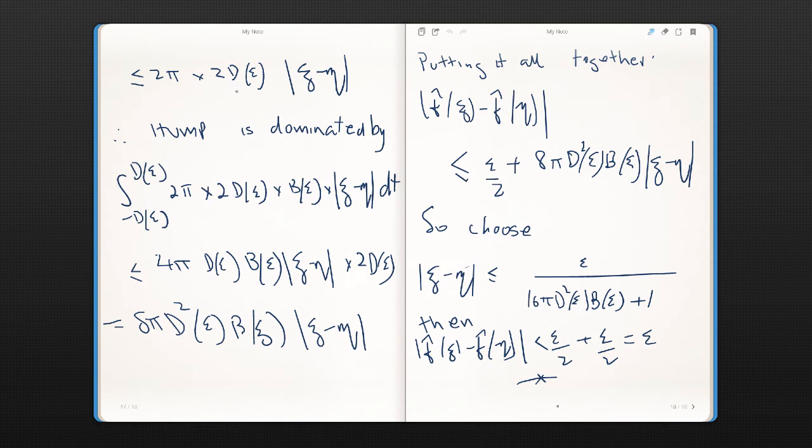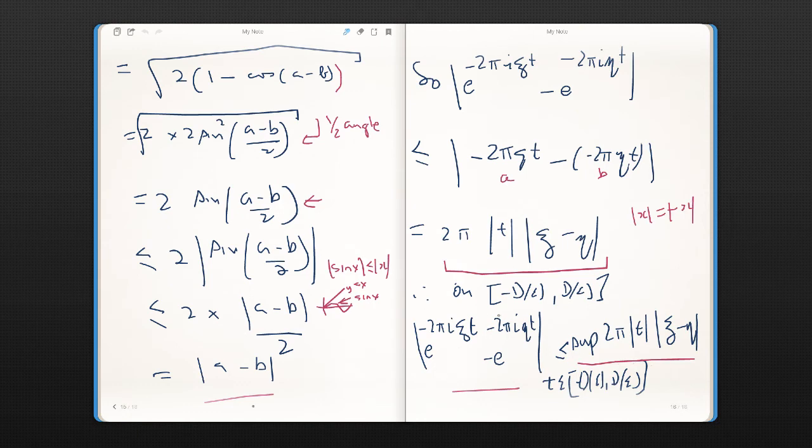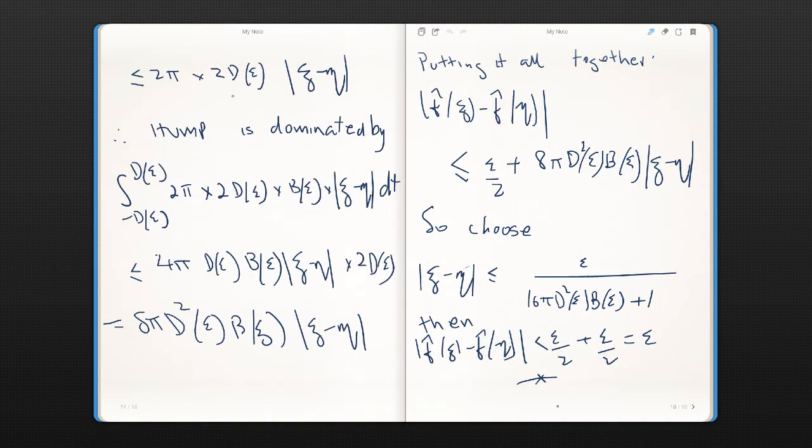And the supremum over that interval involves t. If you go back here, there's a t here. The supremum of that over this interval is 2d epsilon. That's where the 2d epsilon comes from.